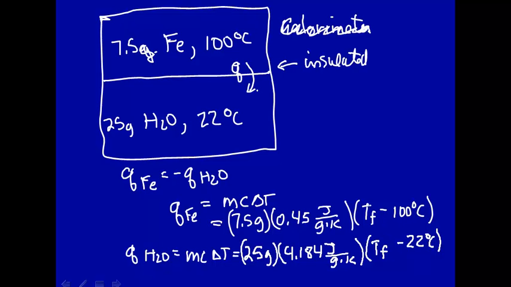How do we calculate the final temperature? Well, let's equate this to minus Q. When we substitute these things in, we have one equation with one unknown, the final temperature. I won't work it out here, but the final temperature comes out to be 22.5 degrees C.